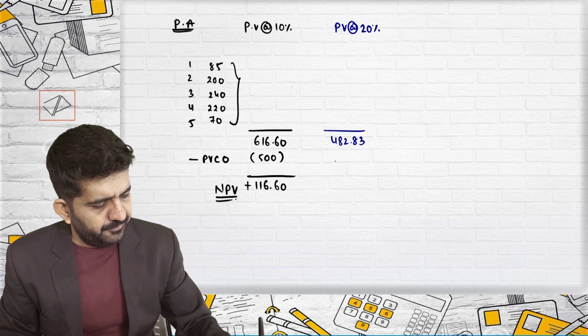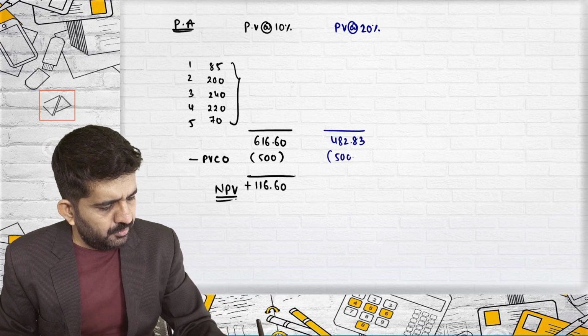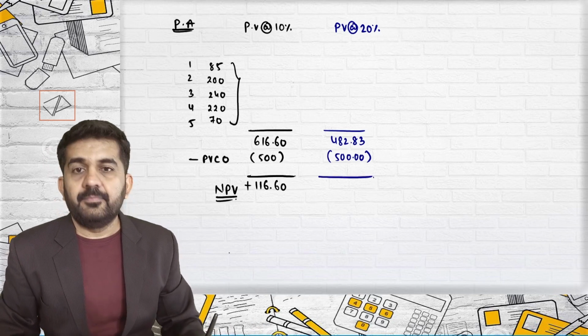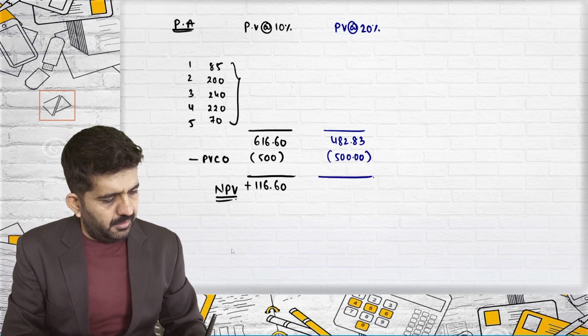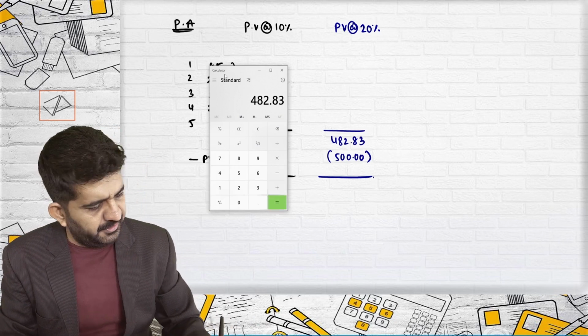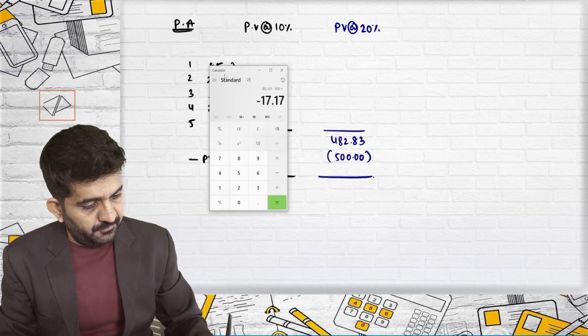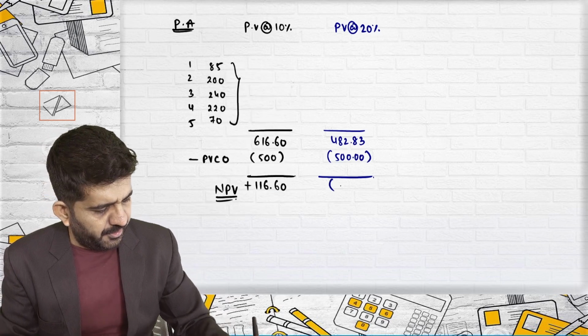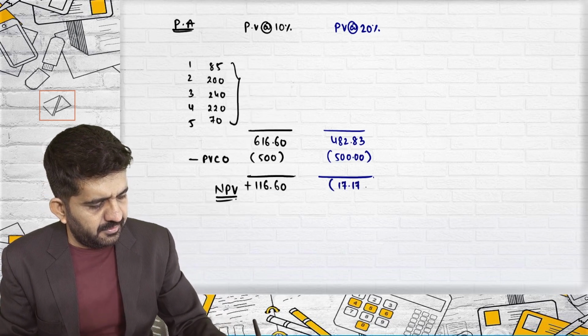My answer will be 482.83 minus 500. It is minus 17.17.